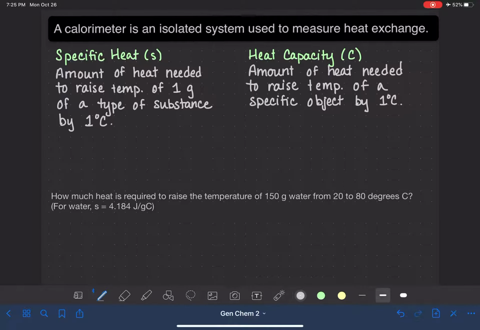So as you can see from these two definitions, the definitions are very similar, and this is why a lot of times students have a hard time distinguishing specific heat from heat capacity.